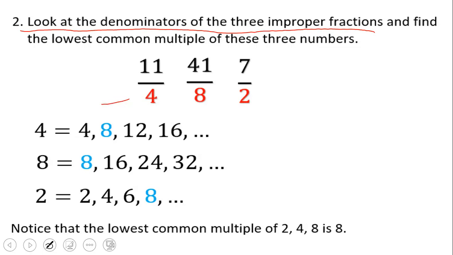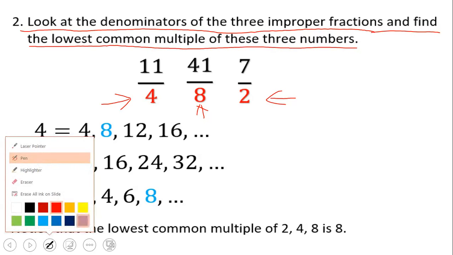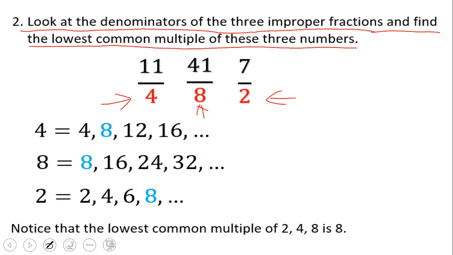The denominators are 4, 8, and 2. It says to look at the denominators of the three improper fractions and find the lowest common multiple of these three numbers. The instruction tells us to find the LCM, or the lowest common multiple, of 4, 8, and 2. So what is the lowest common multiple of 4, 8, and 2?